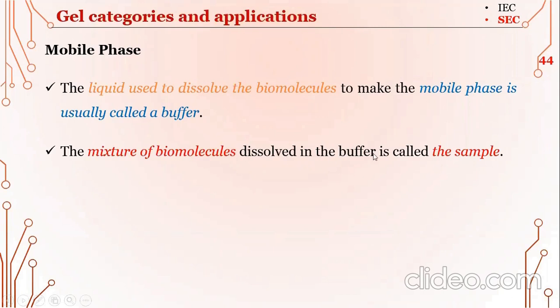So the buffer in which we dissolve our sample, our biomolecules, is actually our sample. So we will add sample to the solvent, meaning the buffer, and that will make up the mobile phase. That will be our mobile phase then.